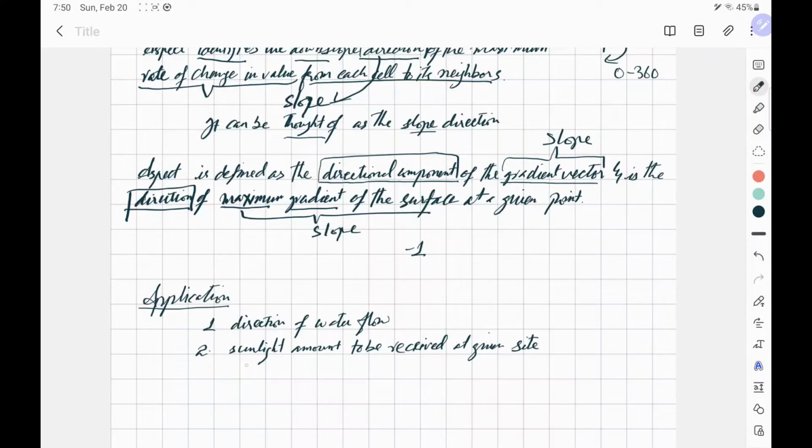It determines the portion of landscape visible from any viewpoint.